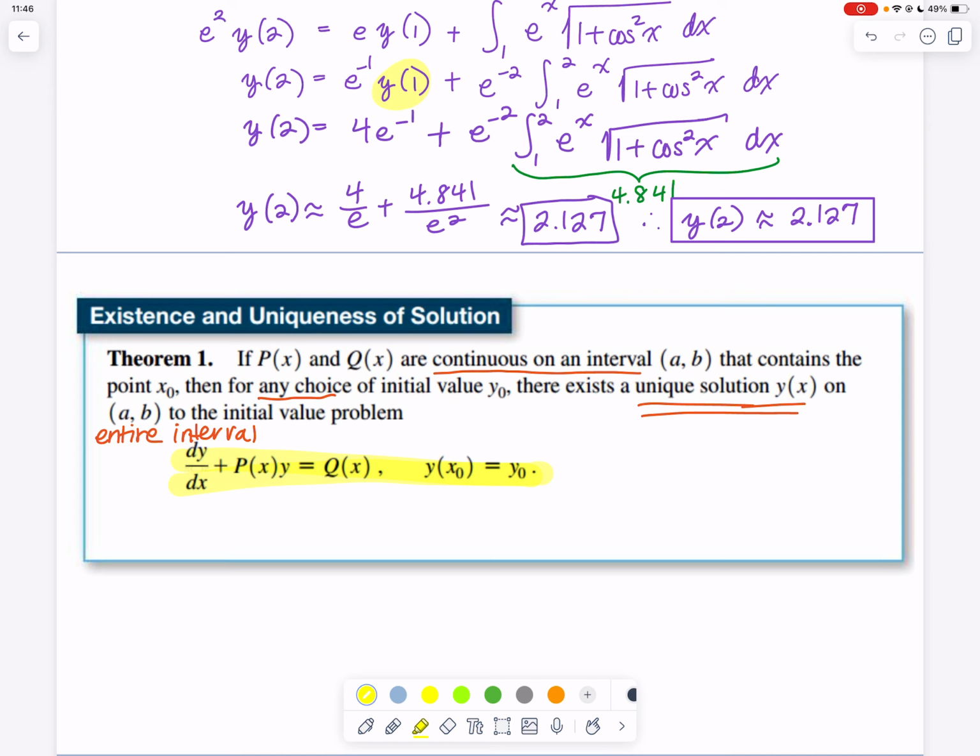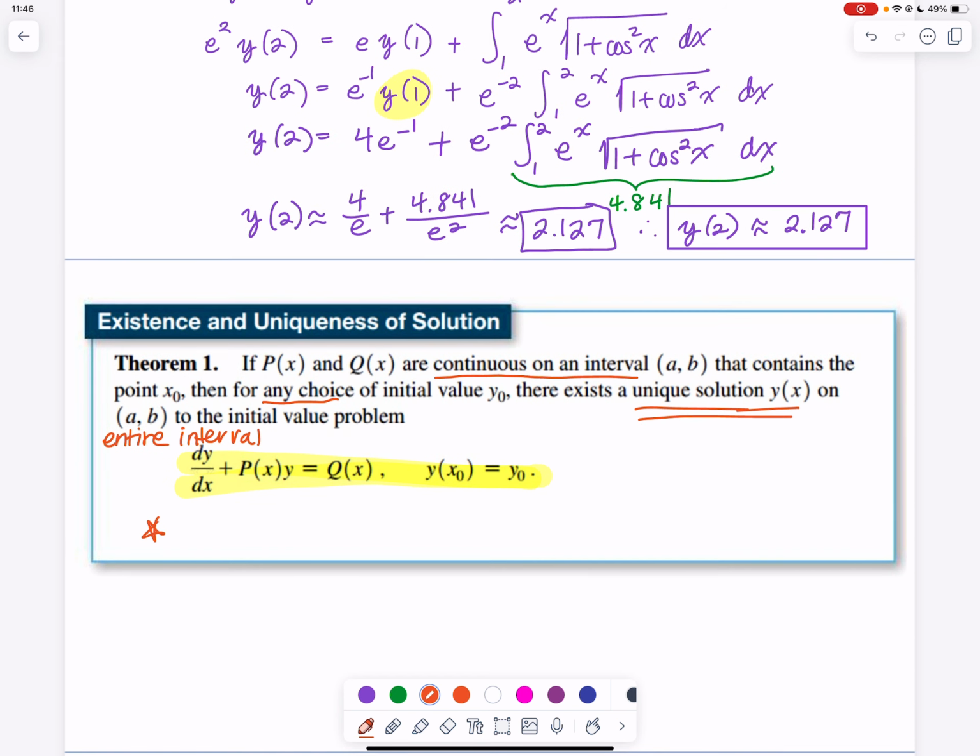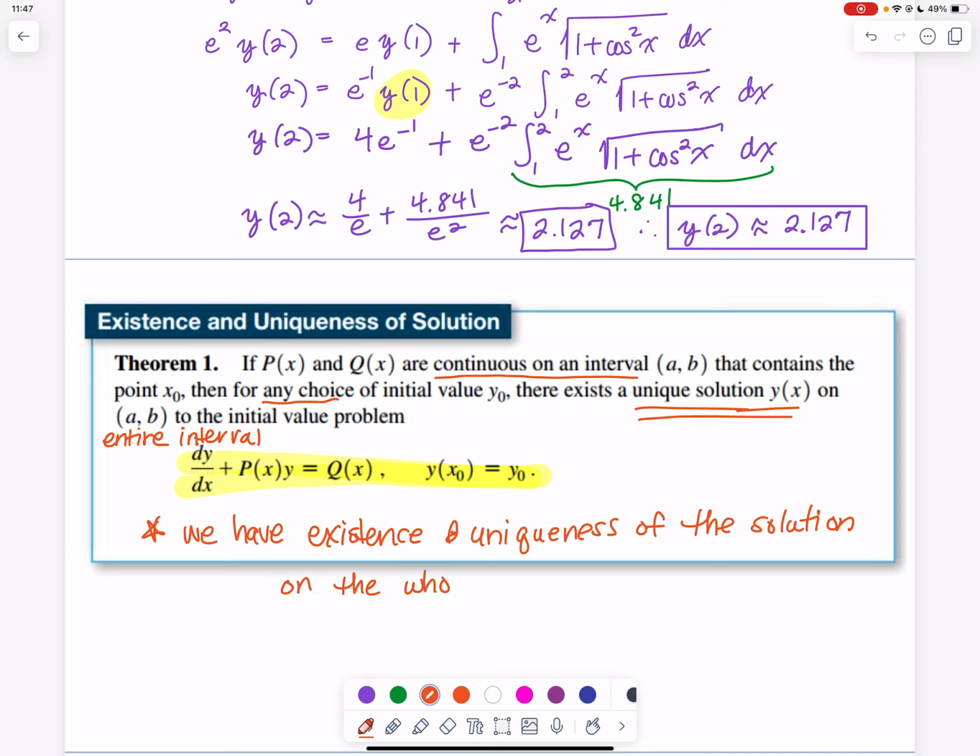In fact, basically it says that we have the existence and uniqueness of the solution on the whole interval (a, b). Okay, that concludes this section.